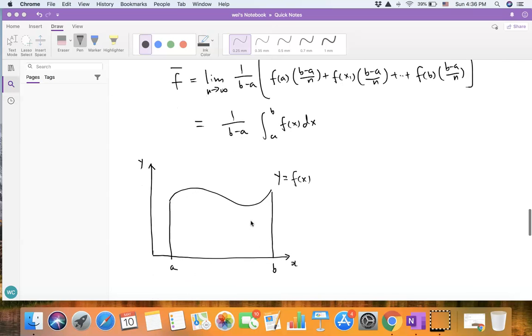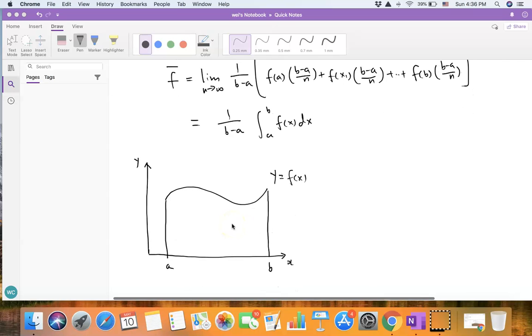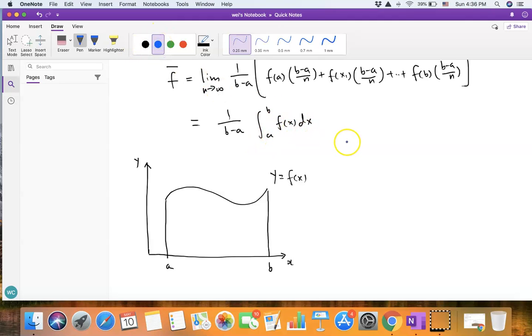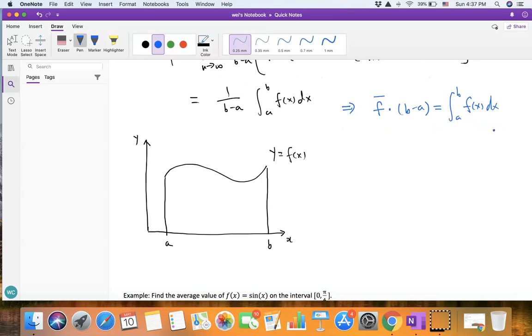Okay. So what does this mean on the graph? Since this average value equals 1 over b minus a times this integral, in other words, the product of this average value and b minus a equals this definite integral.